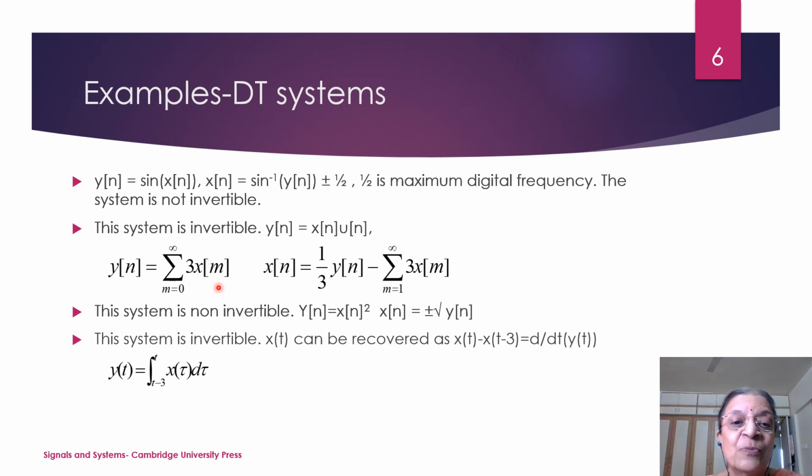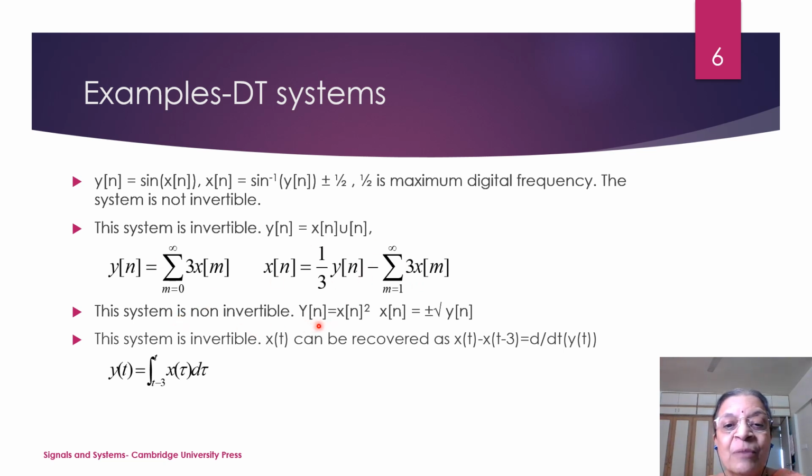Now if I expand this, I can write it as 3x[n] plus 3x[0] plus summation m equal to 1 to infinity of 3 into x[m]. So how can I recover x[n] back? x[n] is equal to 1/3 of y[n] minus summation m varying from 1 to infinity of 3 into x[m]. After expanding you will get this. So the system is invertible.